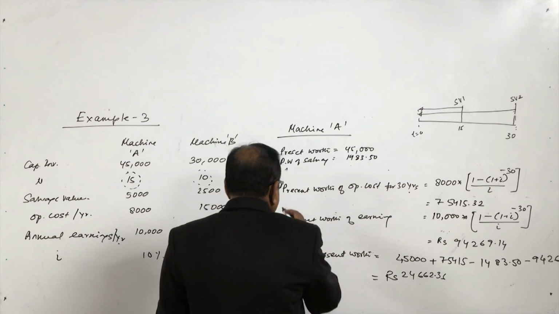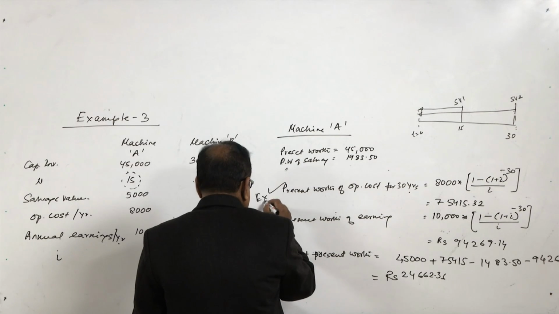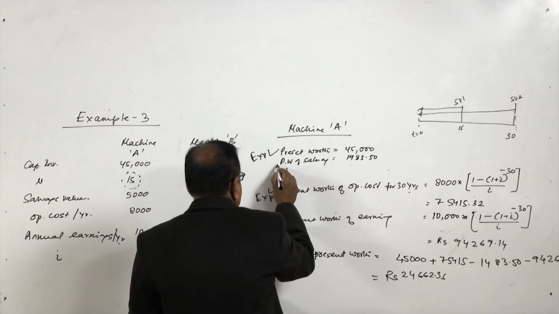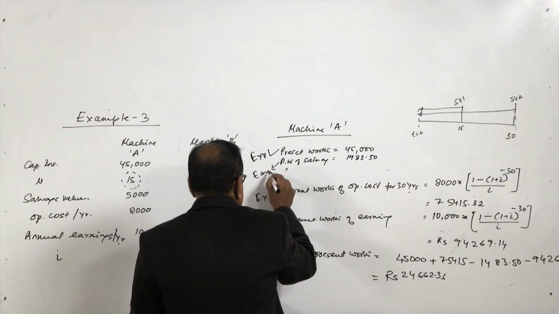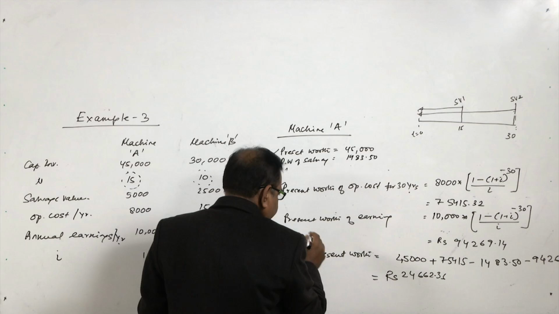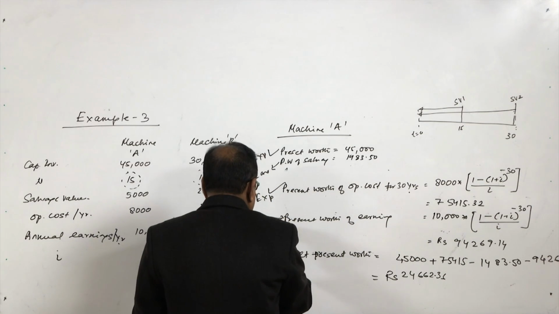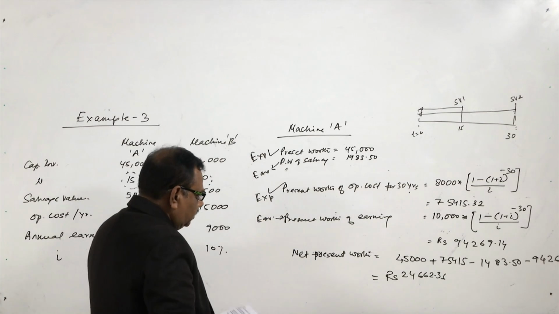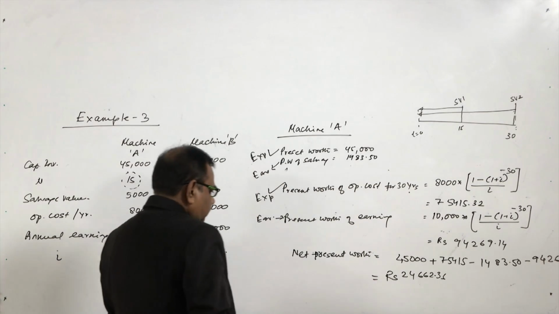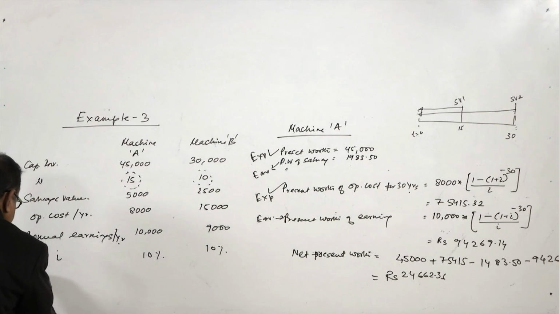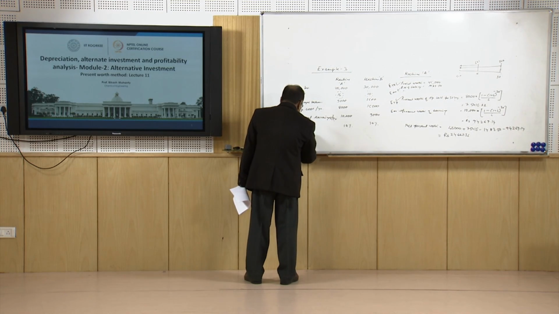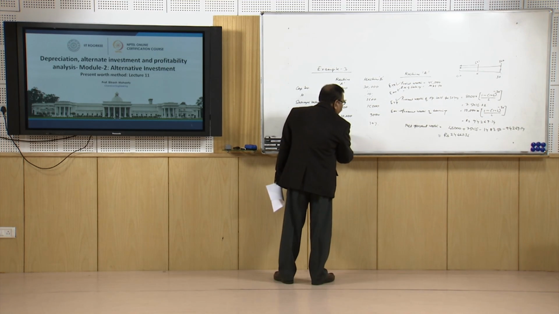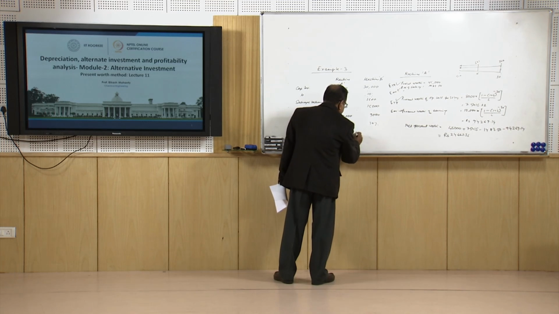Now, this is an expenditure, this is an expenditure, this is an earning, and this is an earning. So, earnings are in negative and expenditures are in positive. So, this is my net present worth. So, I can write down here net present worth: 24,662.36.